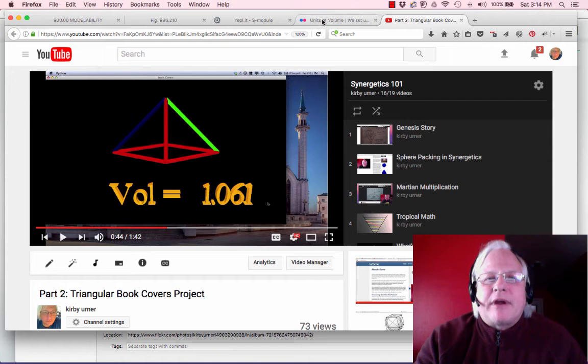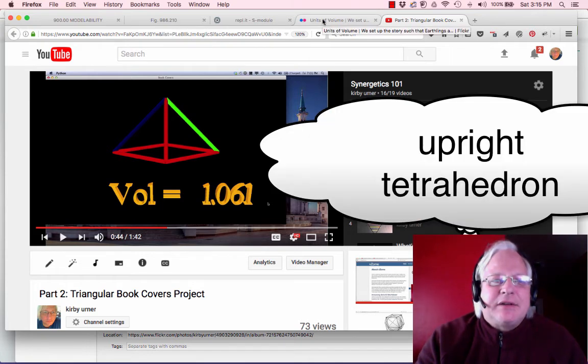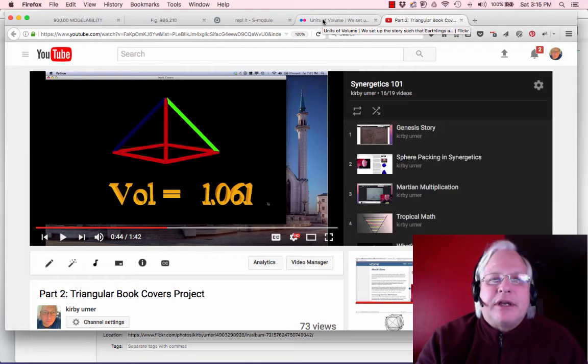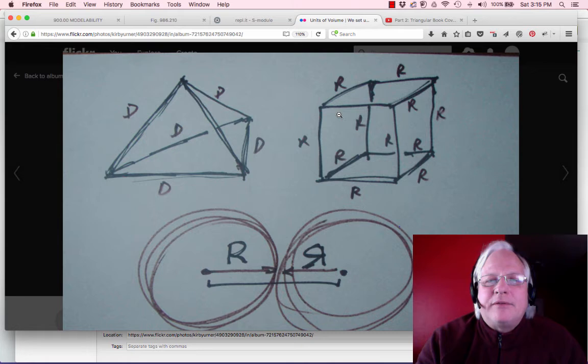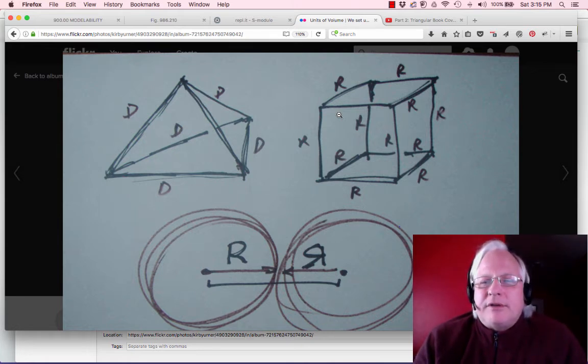Now, how that relates to the Martian math diagram is this upright cube with edges D, the red edges are D, not the green. It has the volume identical to that of the R-edged cube. So half the length, half the red edge is 1.